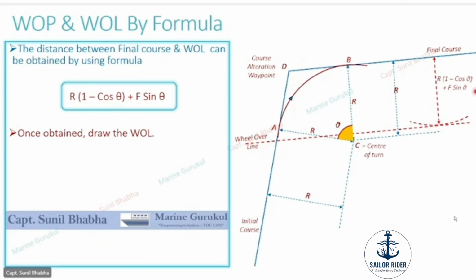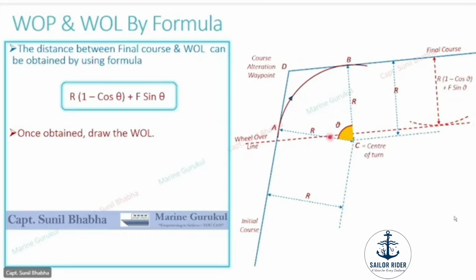This formula basically tells us the distance between the final course and the wheel over line. Both of these are parallel to each other, and this formula gives us the distance between these two parallel lines.